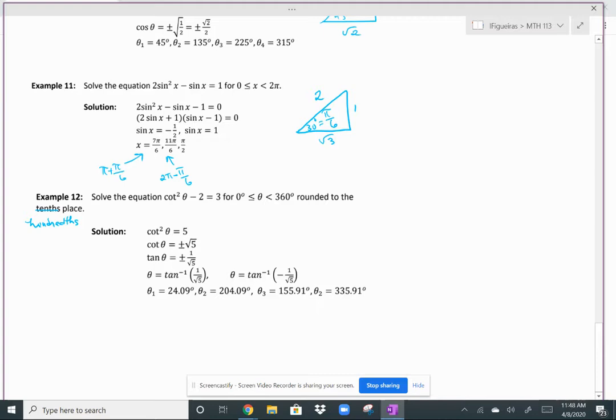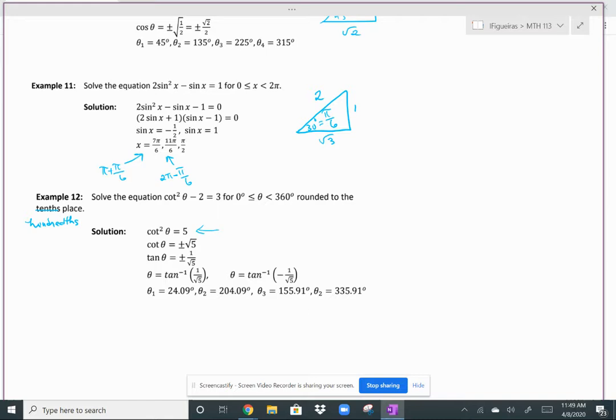We want to isolate that, so add 2 to both sides. That leaves us with cotangent squared of theta equals 5. When you take the square root of both sides, you get that the cotangent of theta is equal to plus or minus root 5. So those are possible answers because the range of cotangent is from negative infinity to infinity.